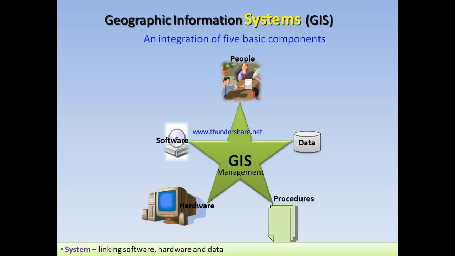System is what we will use to integrate or compile this whole system of GIS. There are five basic components: hardware, software, data, method, and people. Right?